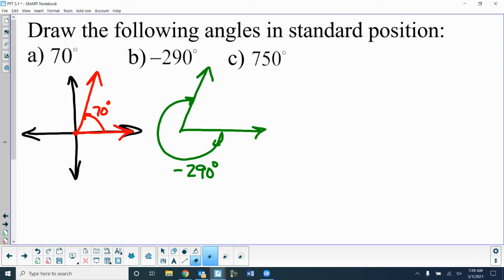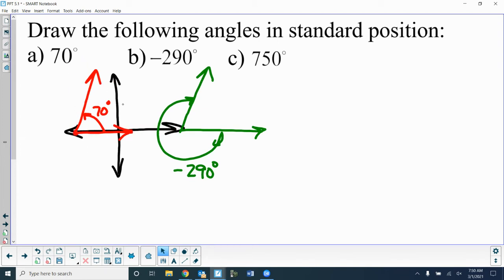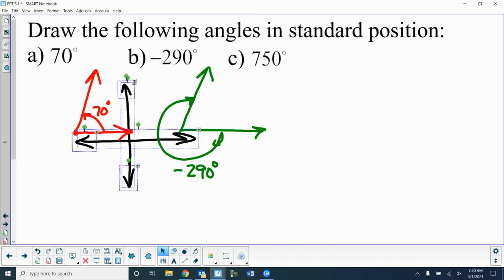The negative ones have little radius on the outside. Yeah, but what if I just moved this red one? Yeah, they're the same, aren't they?